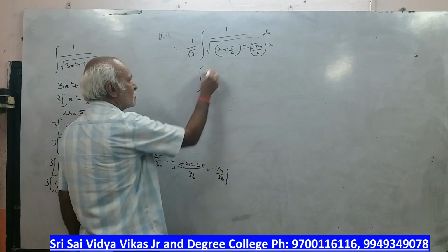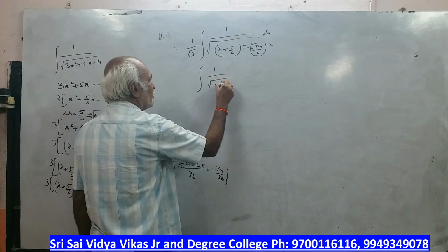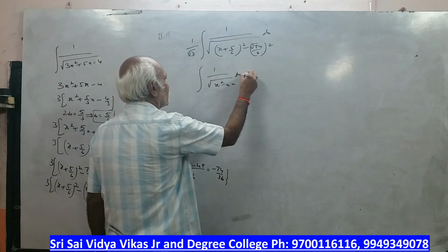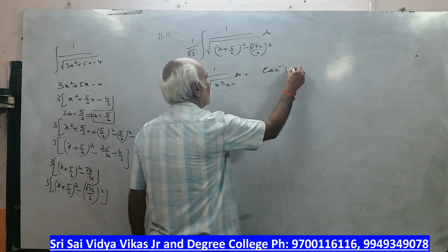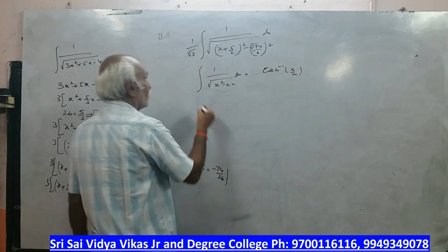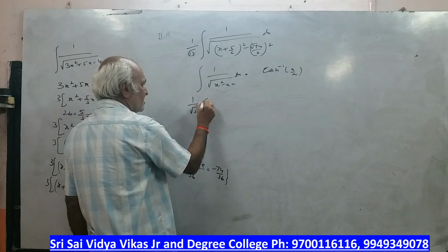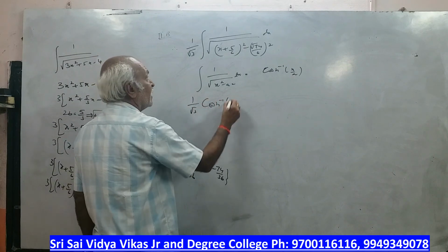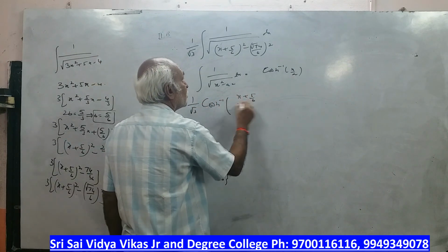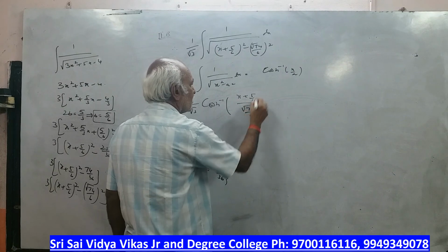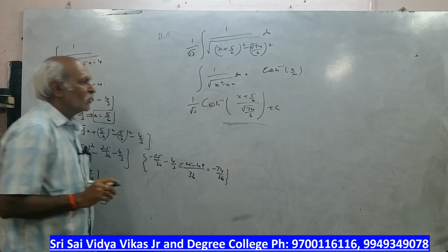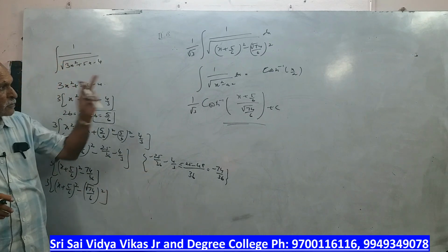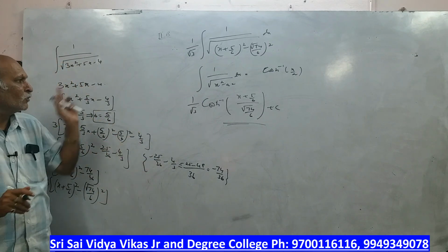Which formula? Integral of 1/√(x² − a²) dx, which is cosh⁻¹(x/a). So what will happen? 1/√3 cosh⁻¹(x/a) + c. Now the same procedure, only the root we have to put.